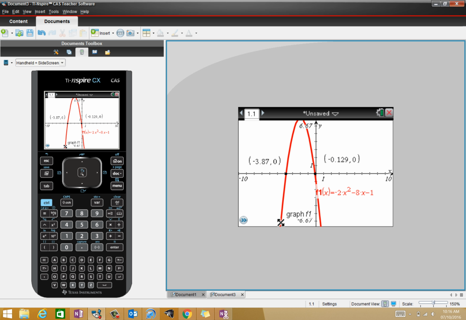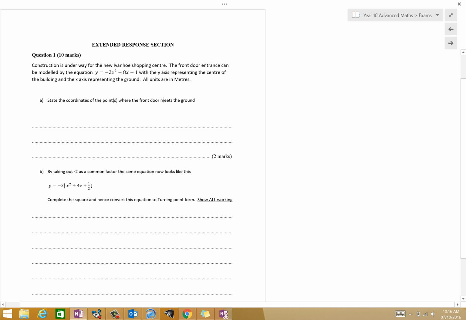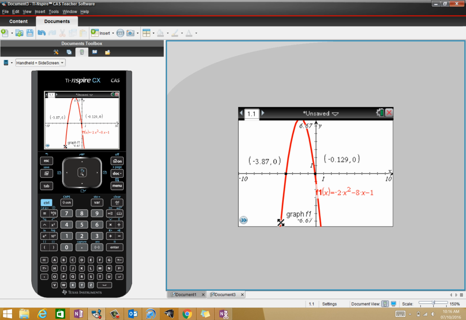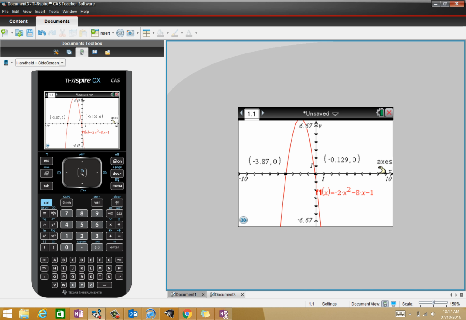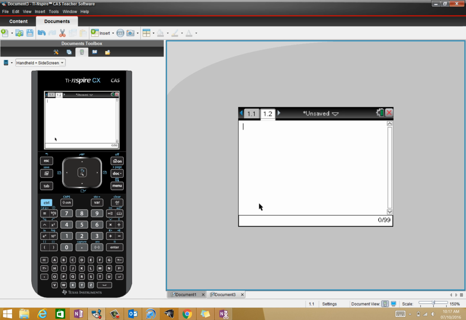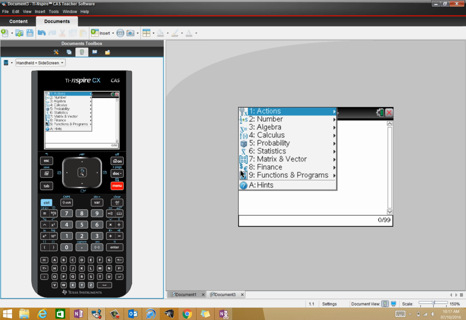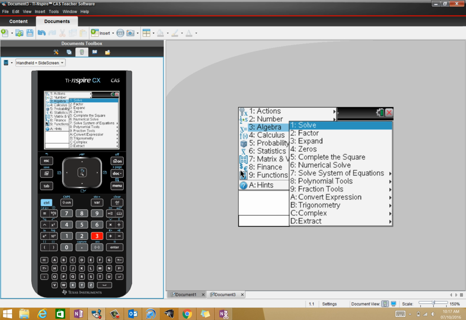All right. Now, you could do that. The thing is it's saying state the coordinates of the point where it meets the ground. I would have accepted those coordinates there, negative 3.87, but also, we're solving for y equals 0. So what we could have done is gone to menu, menu 3.1, and solved for that.